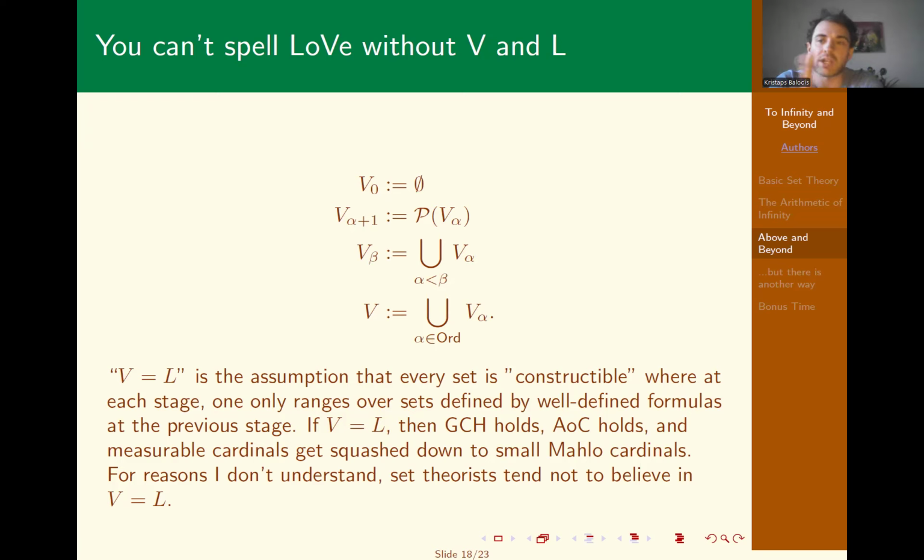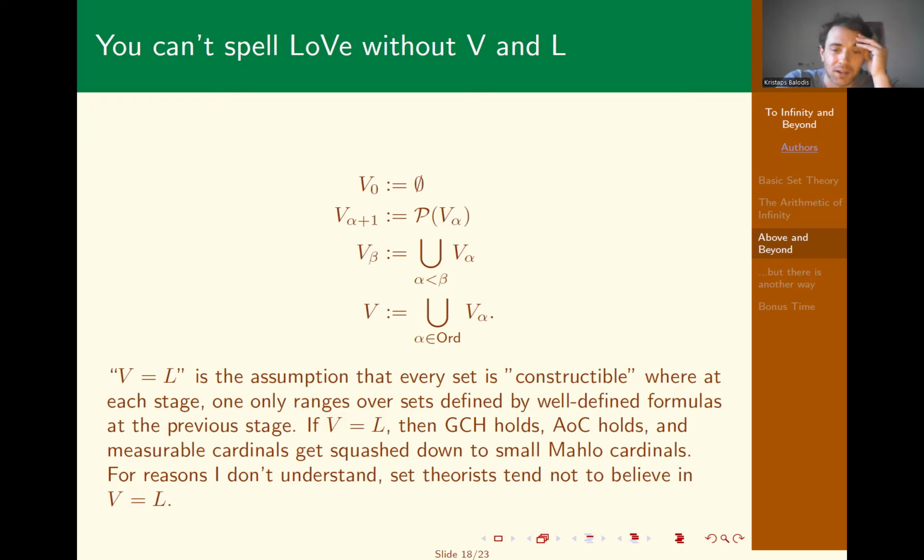V and L are two different ways. V is the von Neumann universes, if you've seen those before. And L refers to the constructible universe, where we add an extra stipulation about the formulas we quantify over at each step. I'll let someone with more expertise explain it to you in a PDF or something.